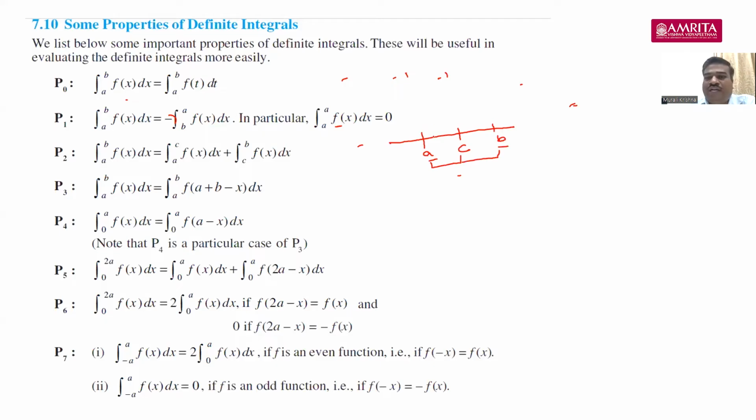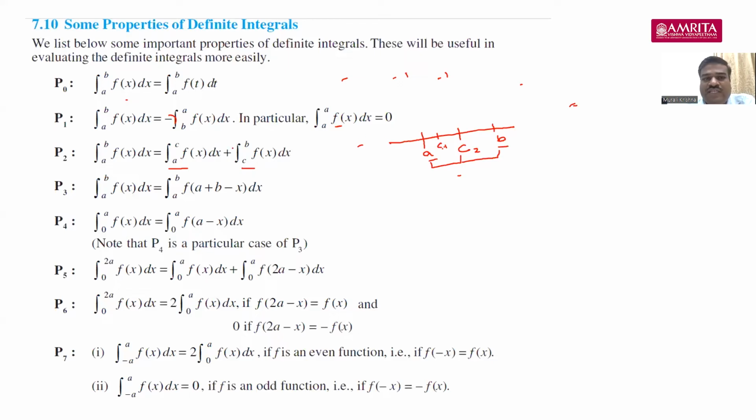That whole integration from A to B can be split into any number of integrals. If you take just one middle point, it is A to C, C to B. Or if you want to take 2 points, C1 and C2, then the answer is integral A to C1, C1 to C2, C2 to B. Any manner you can do.